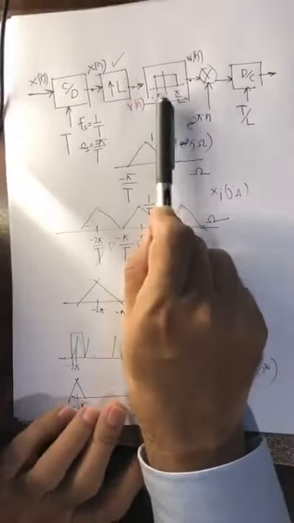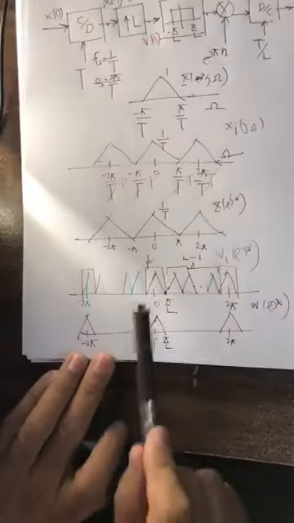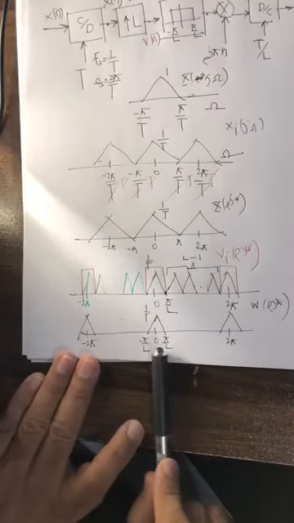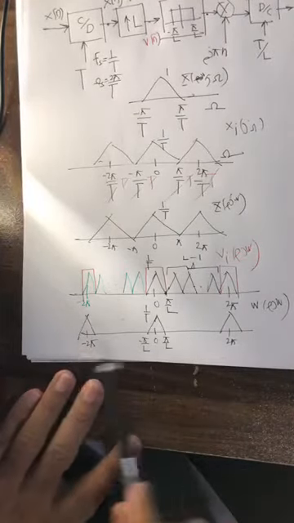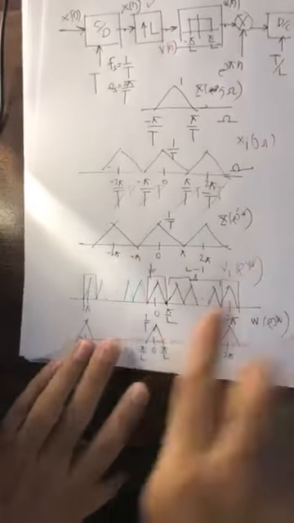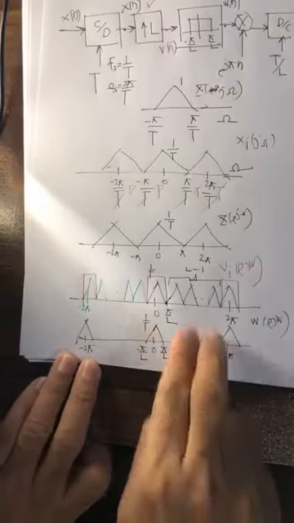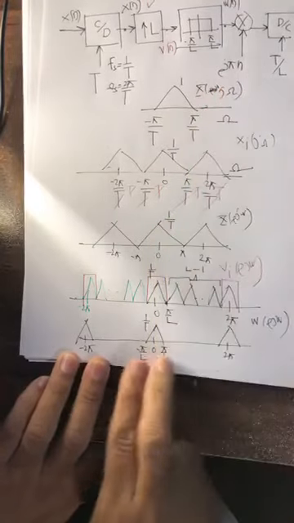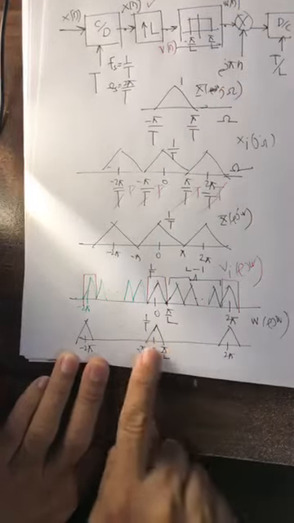Then comes this part where you have to pass it through a pi over L filter. If you pass it through the pi over L filter, you get this: pi over L, 2 pi, minus pi. Now you have to shift this spectrum to pi. Once you multiply it by exponential j pi n, it will move to pi.